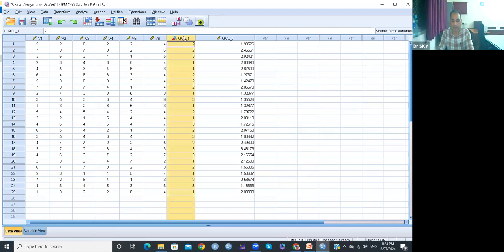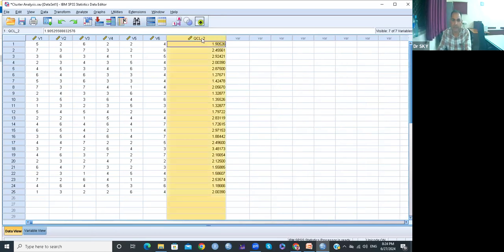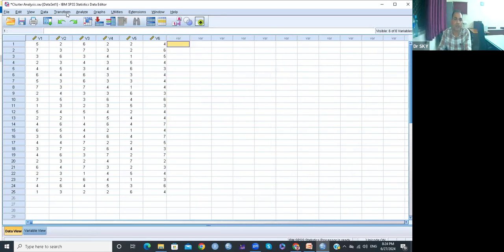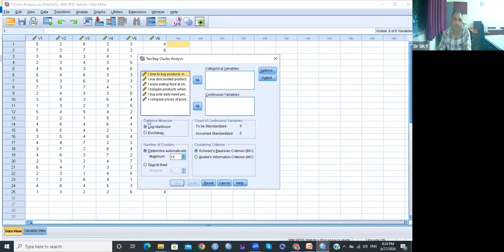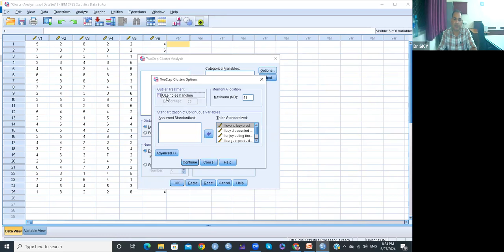Now suppose we remove these two columns, and if you wish to analyze, then go to classify, and then two-step cluster. We have no categorical variables, so you put all the continuous variables here, and you go to options.